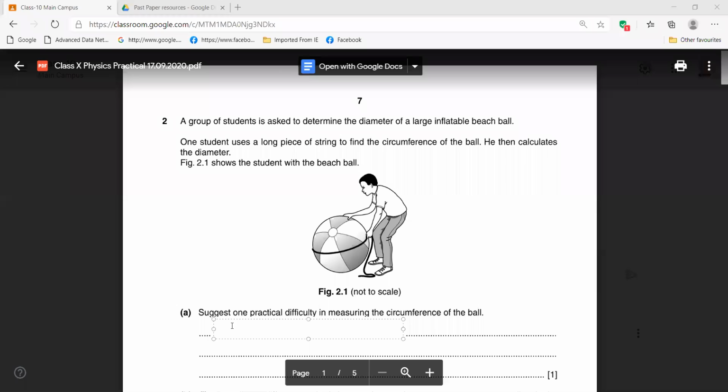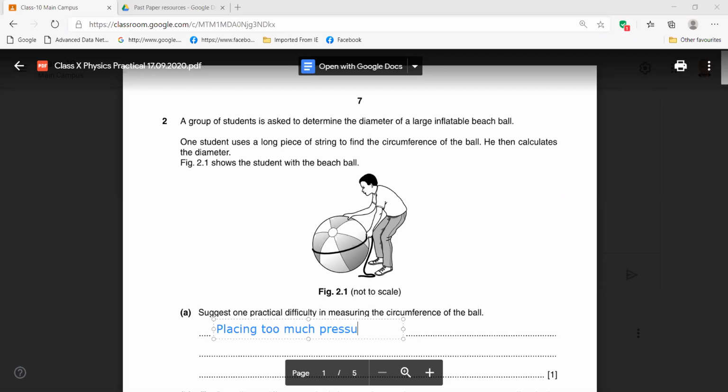Tell me your one. Placing too much pressure on the ball could cause it to get squashed. Hence, you won't get the exact circumference.